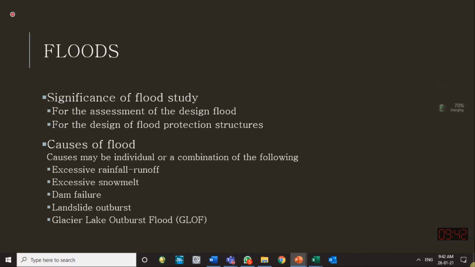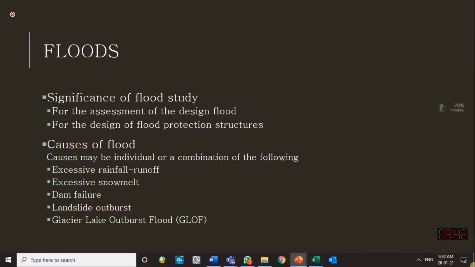Sometimes we select the design flood based upon return period, and sometimes we select it upon meteorological events, the maximum possible meteorological events which can occur in the watershed, that we call probable maximum precipitation, PMP, and the flood which is the result of that probable maximum precipitation, we call probable maximum flood, PMF. So that we calculate.